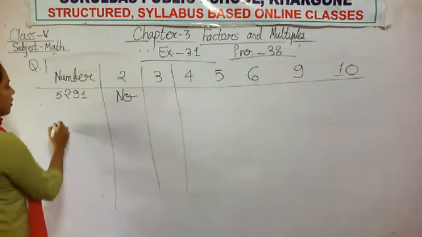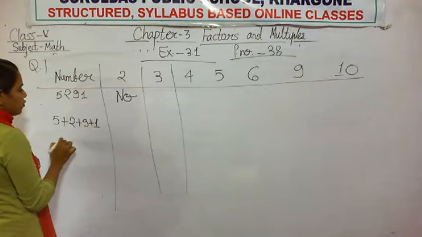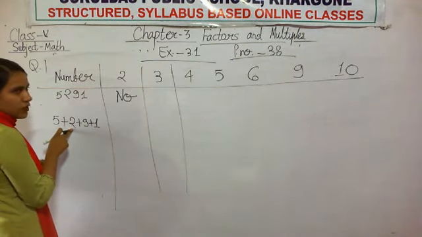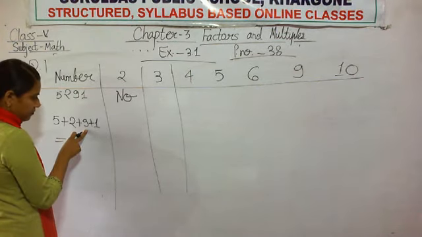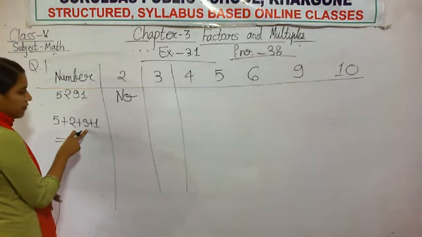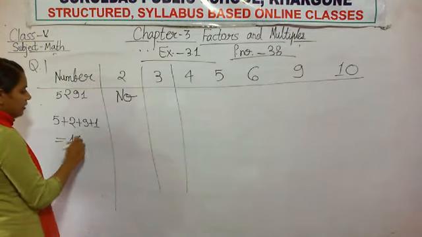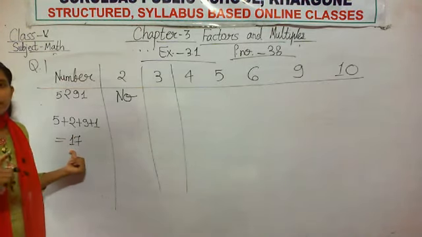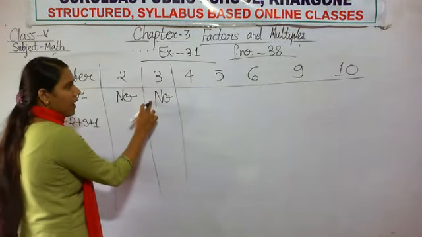In rough work, find the sum of all the digits. 5 plus 2 is 7, 7 plus 9 is 16, 16 plus 1 is 17, and 17 is not a multiple of 3, so this number is not divisible by 3.